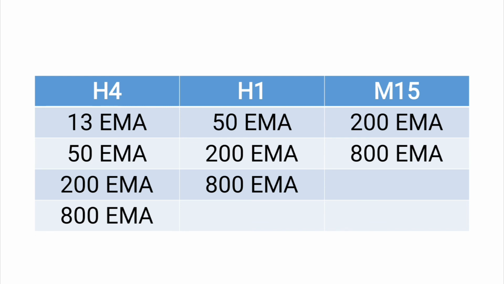General knowledge which you need to know: a 13 EMA on H4 is equal to a 50 EMA on H1, which is also equal to a 200 EMA on M15. A 50 EMA on the 4-hour time frame will be equal to a 200 EMA on the 1-hour time frame, which will be equal to an 800 EMA on M15.